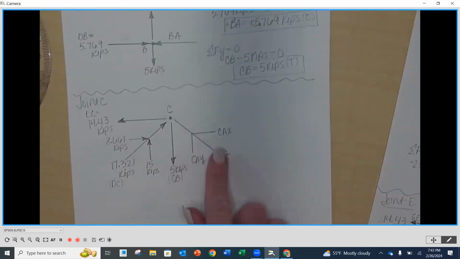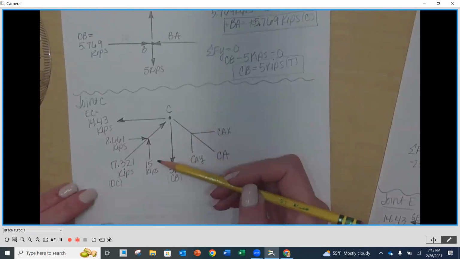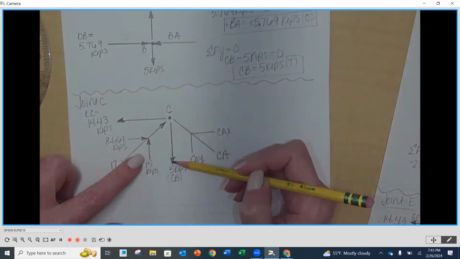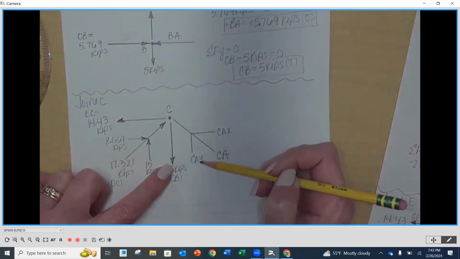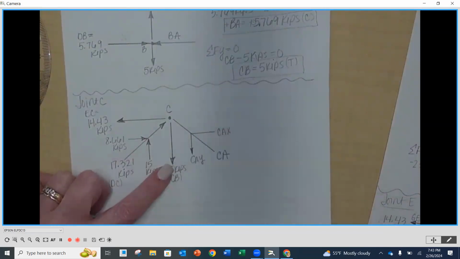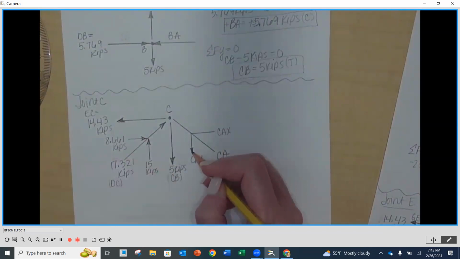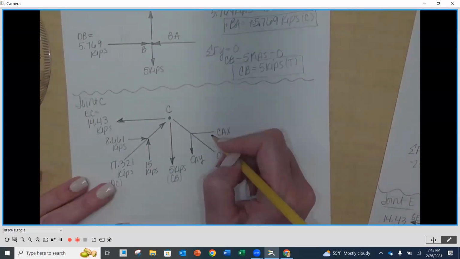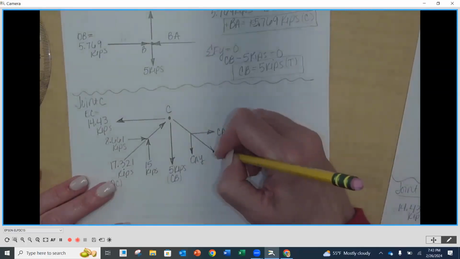And so now I just have my unknowns over here. So as I look at the numbers, I'm going to look in the Y direction first. I've got 15 going up right now. I've got 5 going down, and I've just got my CAY. This needs to go down as well, right? I've got extra going up right now. So this one needs to go down. And then you're going to notice that in the X direction, this is going to have to go to the right, because then CA is going to go down.